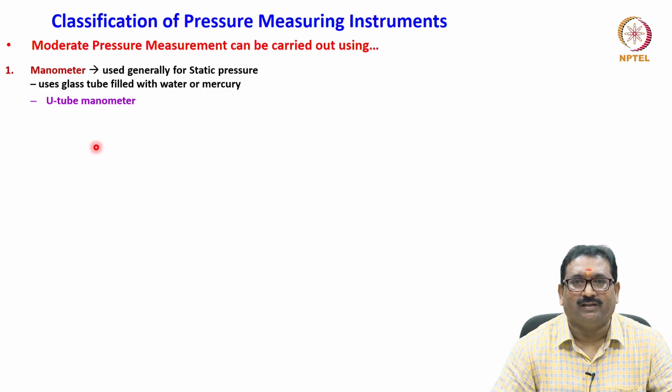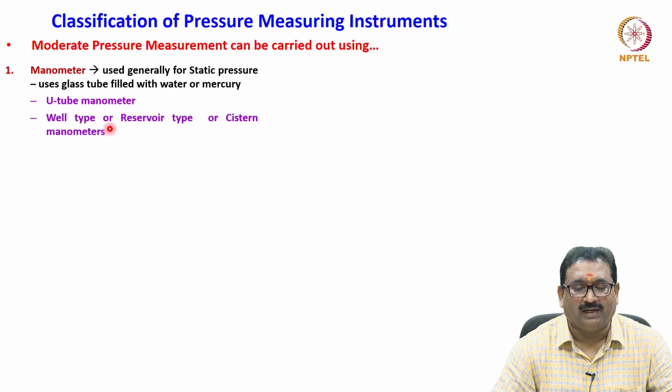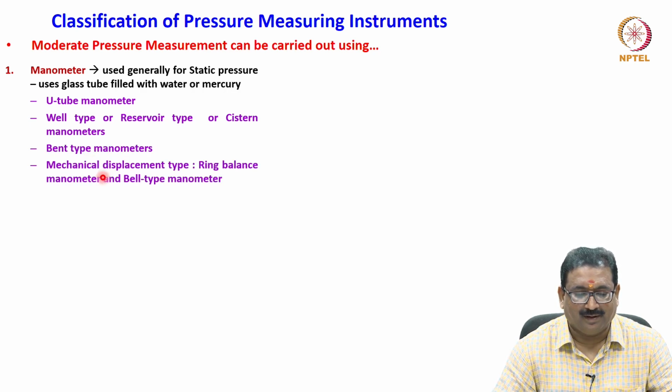Different types of manometers are there: U-type manometer, well type or reservoir type or cistern manometers, bent type manometers, mechanical displacement type, ring balance manometers and bell type manometers.